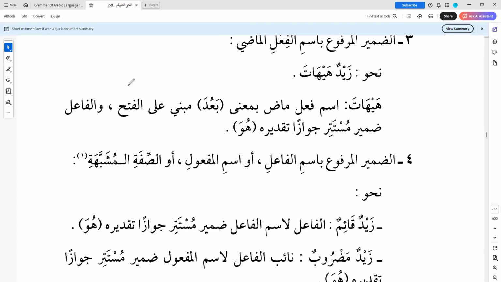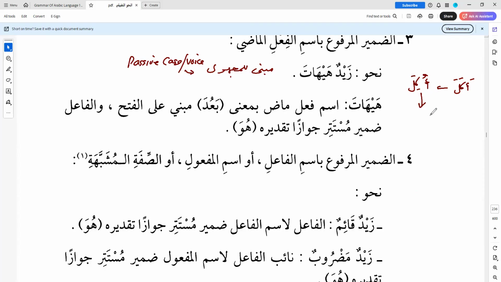But it's derived from the verb in the form of what we call passive case or passive voice. And in Arabic they say مبني للمجهول. It's a passive case. For instance, أكل. The passive is أكل.